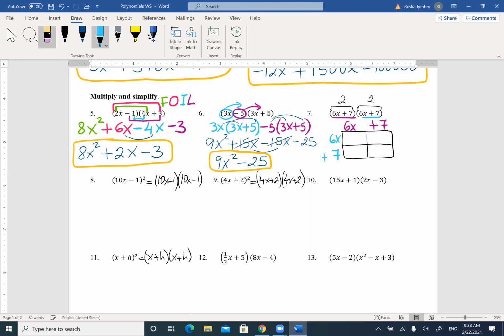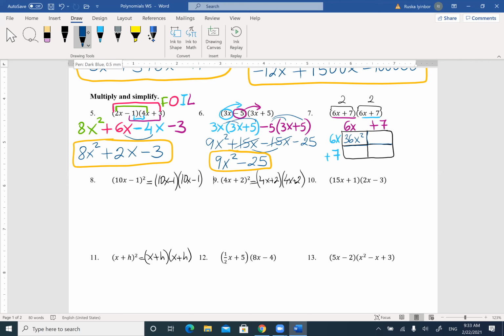Okay? And then from there, we're going to fill out this table like a multiplication table. You know how the multiplication table looks? So the number in the first box here is going to be when I multiply 6x by 6x. So 6x and 6x is 36x squared, right? And then the next box over here is going to be when I multiply 6x times 7.